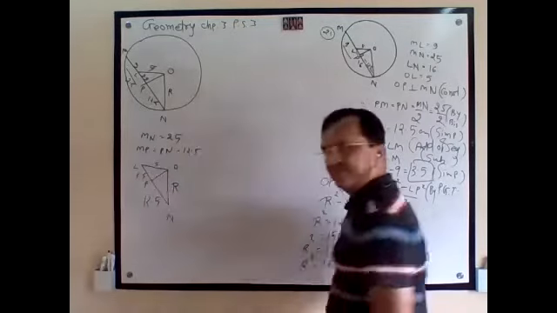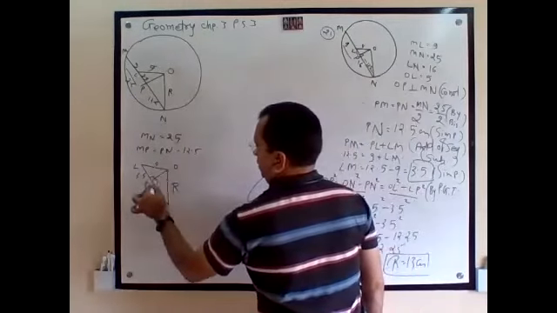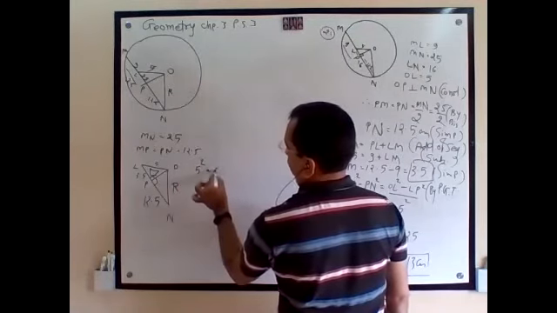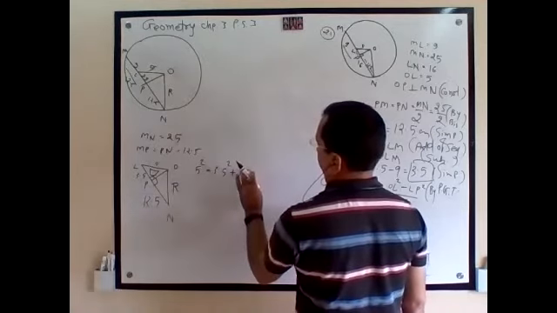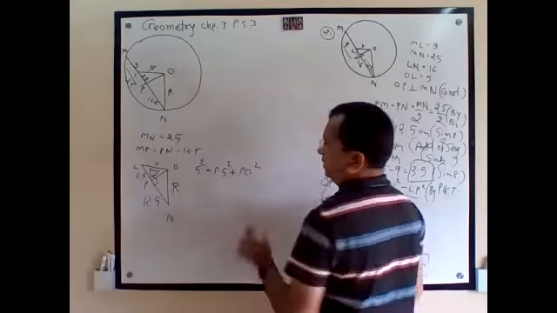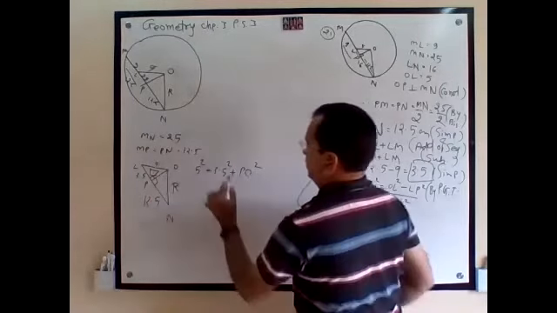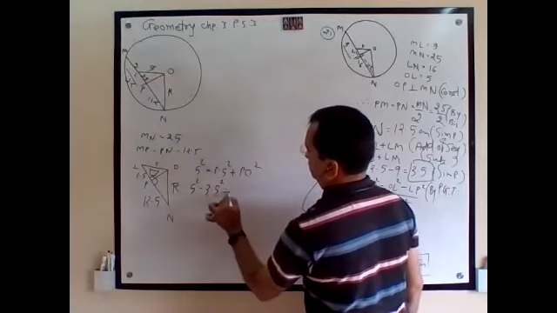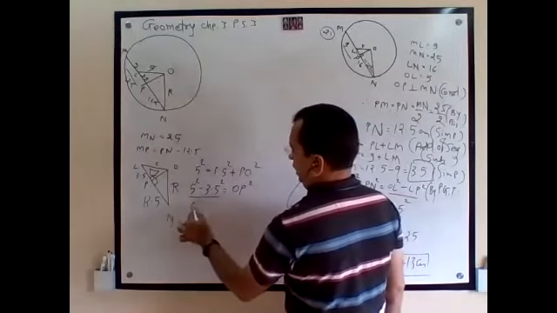This is 5. Okay. So in this triangle, OL square is equal to 3.5 square plus PO square. Agree? In this right angle triangle, hypotenuse square is equal to height square plus base square. This goes this side. 5 square minus 3.5 square, OP. This is 8.5.